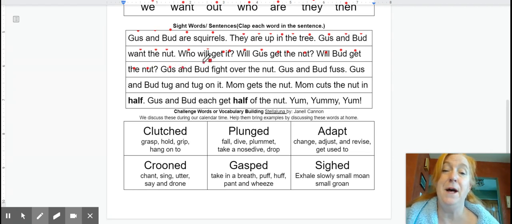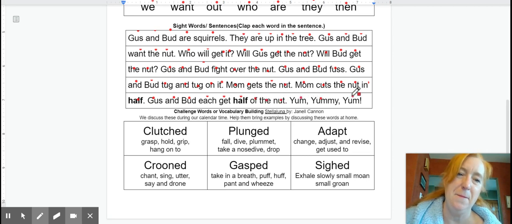Gus and Bud fight over the nut. Gus and Bud fuss. Gus and Bud tug and tug on it. Mom gets the nut. Mom cuts the nut in half. Gus and Bud each get half of the nut.